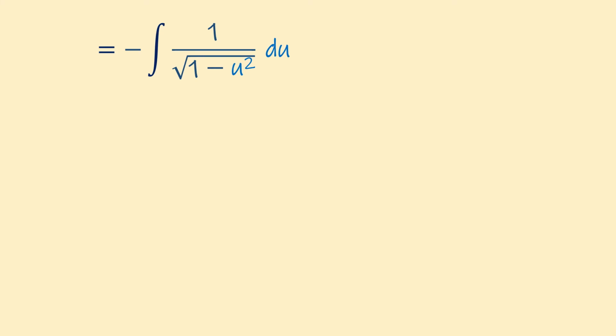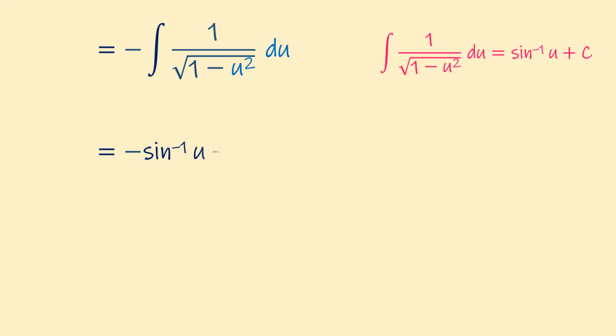Apply an inverse trigonometric function rule. The integral of 1 over the square root of 1 minus u squared du equals the inverse sine of u plus c. The indefinite integral is now the negative inverse sine of u plus c. Substitute u equals 1 over x.